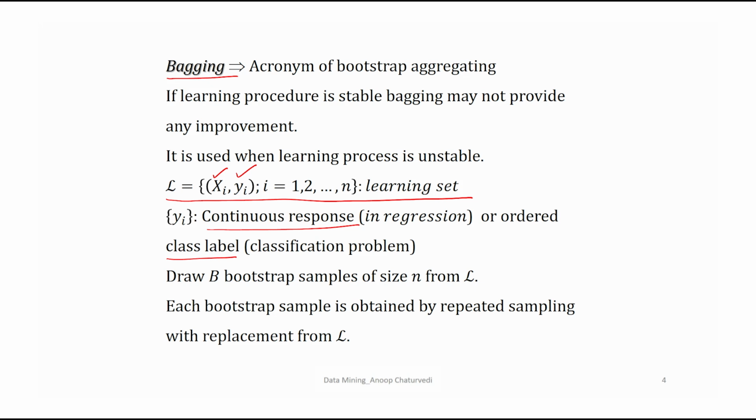Then we draw B bootstrap samples of size n from L. The learning set has n observations in it. By bootstrap sample we mean we are drawing n observations from the learning set L with replacement.